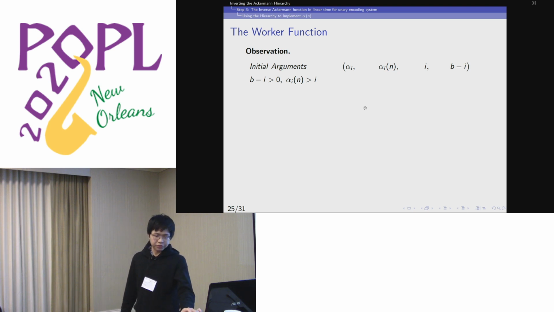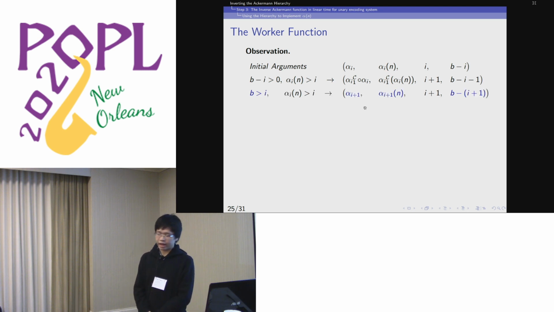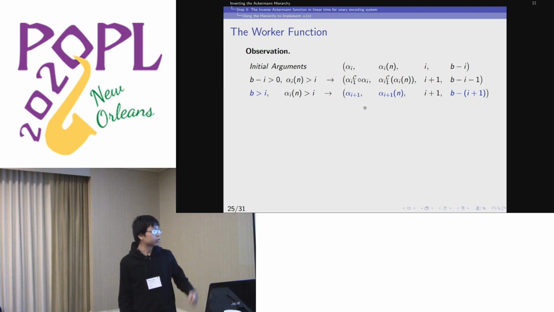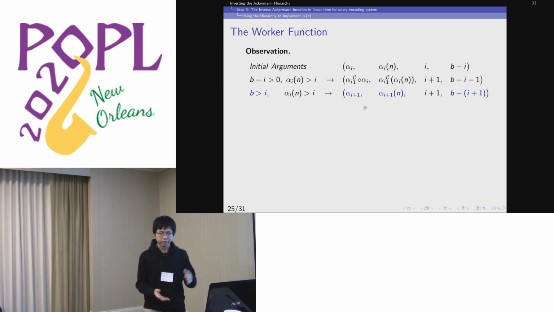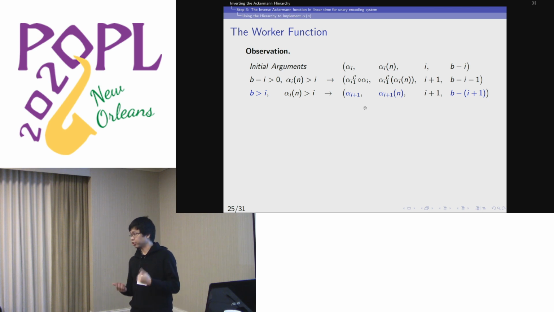So if these two conditions are met, it goes into the next recursive call. And using the recursive relation, we know that they're actually equal to this. And they have the same form as the previous step, but with I replaced by I plus 1. And so this is a stable way for this function to run.